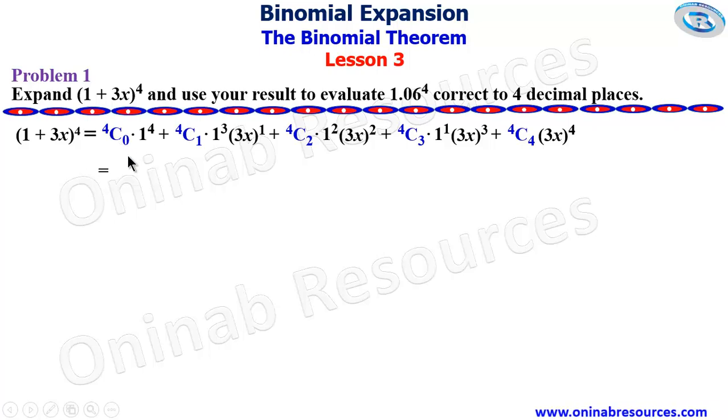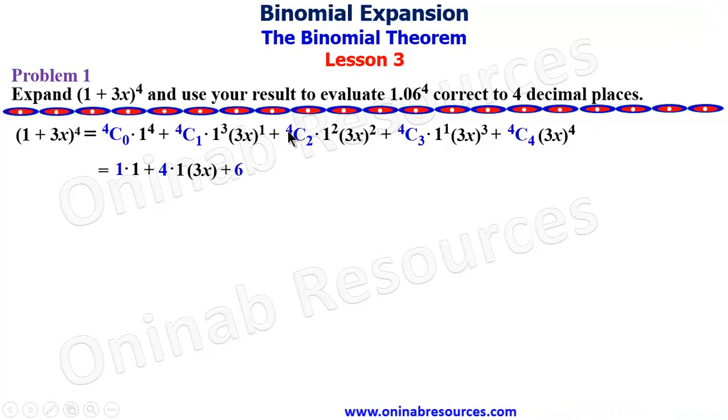So we have 4 combination 0 gives 1. Multiply by 1, since 1 raised to the power 4 is 1. Then plus 4, because 4 combination 1 is 4, times 1 into 3x, since 3x to the power of 1 is 3x. Then plus 6, since 4 combination 2 is 6.